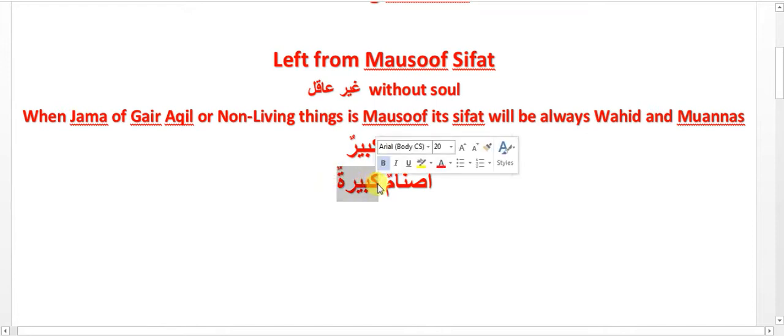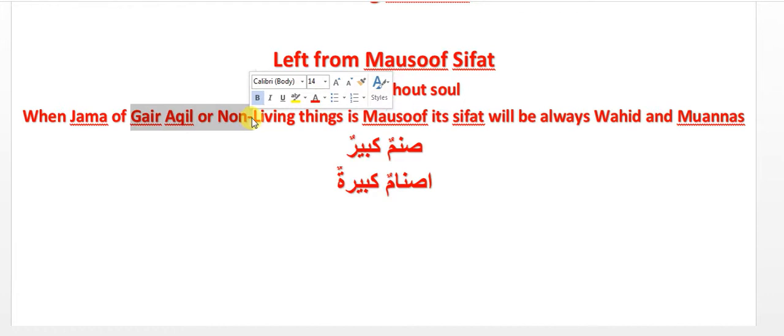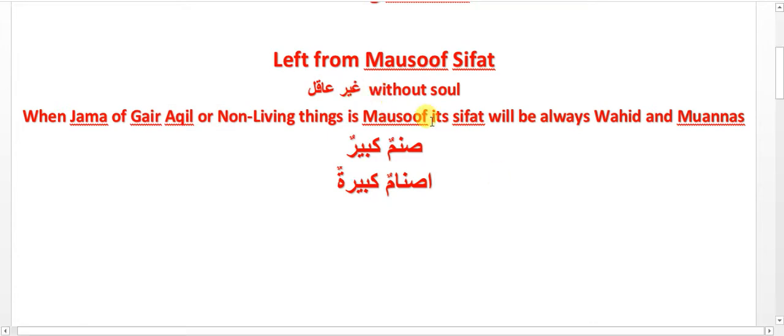Kabiratun is a sigha of wahid muannas, and asnamun is a sigha of jama. So this is what I am trying to say by writing this sentence, that when mawsoof is becoming the jama of ghair aqil, then its sifat will be always wahid and muannas. So this is the topic which is left from the mawsoof sifat.